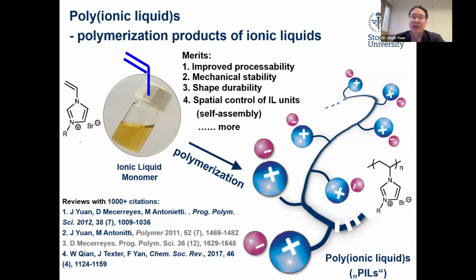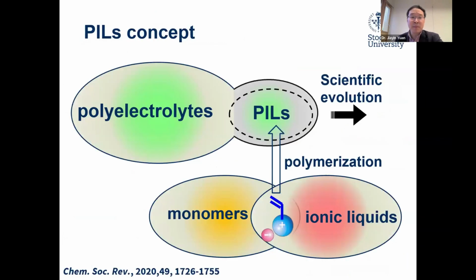And also you improve the mechanical stability and the shape durability simply because the high Tg of the polymers in comparison to conventional ionic liquids. And also you introduce a special control over the ionic liquid units in the polymer matrix in terms of polymer self-assembly and so on. So there are quite some merits in between.